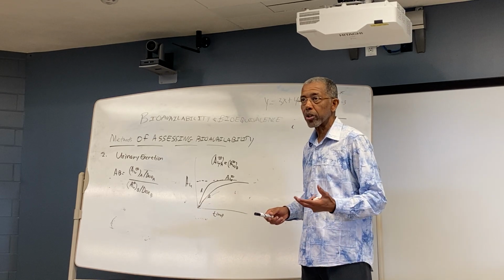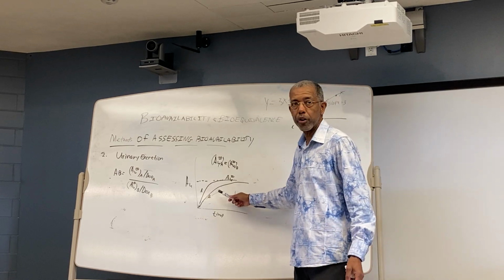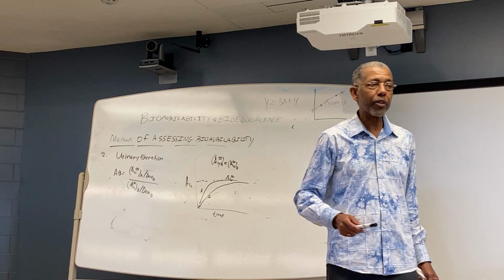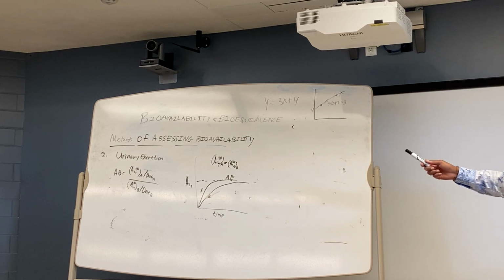But under normal circumstances, the usual definition of bioequivalence, these would not be bioequivalent drug products, because even though they have similar extent of absorption, the rates are different, as evidenced by the fact that drug product A is reaching its AU infinity value faster than drug product B.